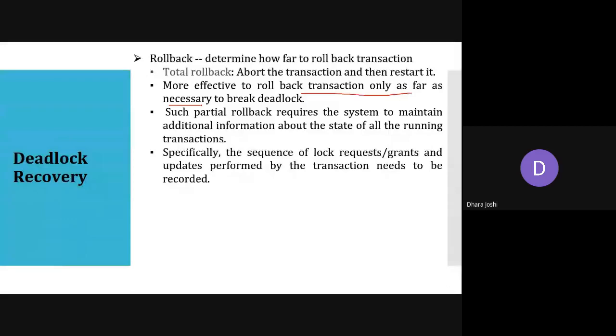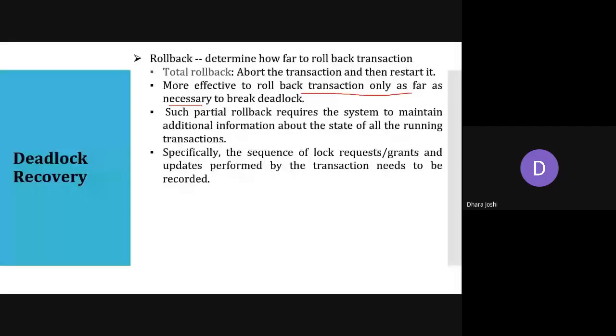The deadlock detection mechanism should decide which locks the selected transaction needs to release in order to break the deadlock. हमारे पास बहुत सारे ट्रांजैक्शन है और अगर हमें किसी को रिलीज करना है लॉक, तो हम कोई एक या दो ट्रांजैक्शन, मल्टीपल ट्रांजैक्शन we are choosing as a victim and will be rolling back those transactions.